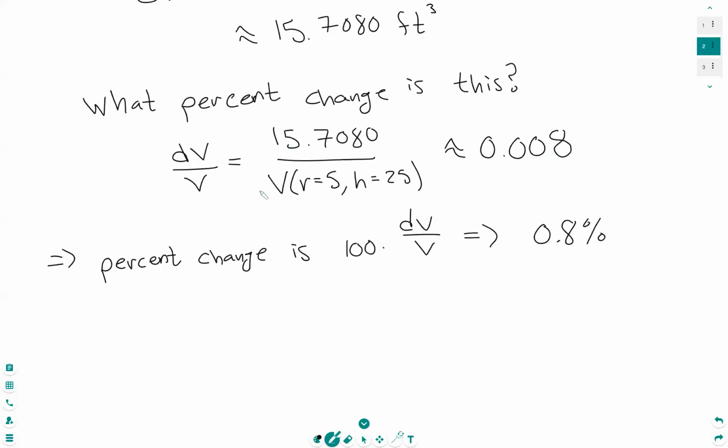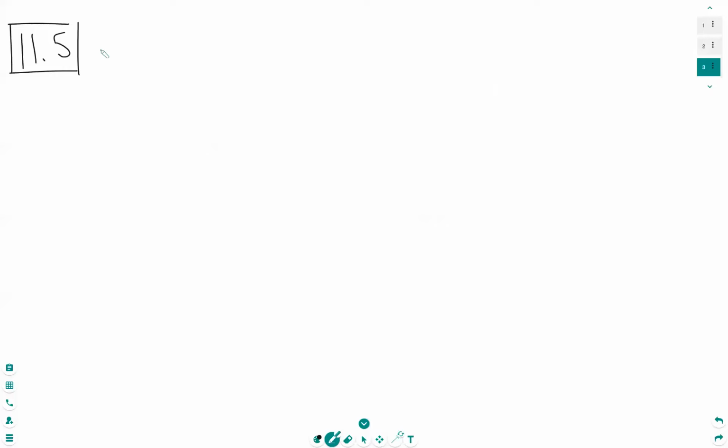When we're talking about percent change, this is the original volume, and we want to know how much we've changed from the original volume. Is that your question? So yes, if we want the percent change, we have to use the original volume.